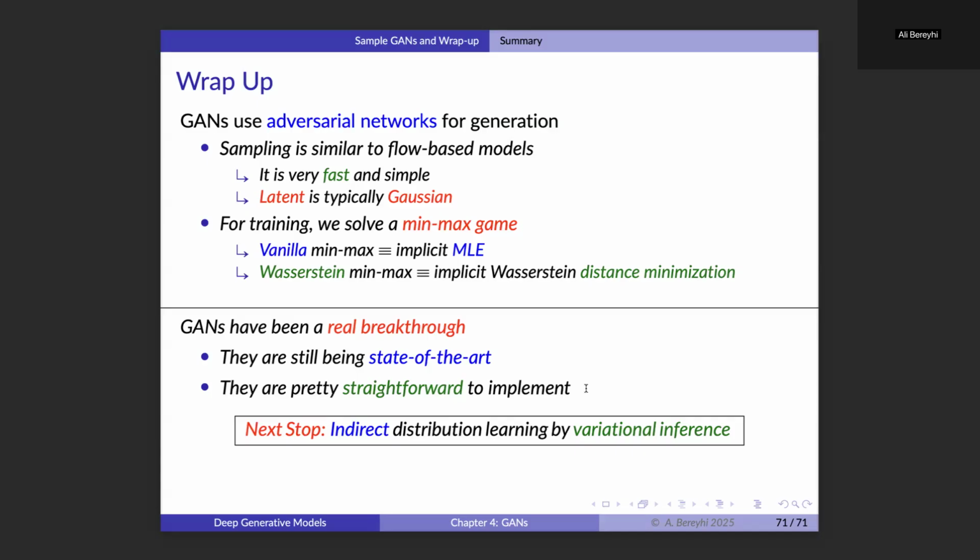So this is another approach that we can implicitly use to minimize the difference between our data distribution and model distribution. And for that, we need to understand the idea of variational inference, which is quite a simple idea, but a very useful one, which can help us develop the variational autoencoders and also diffusion models. So that's going to be the topic that we're going to study after the summer break.